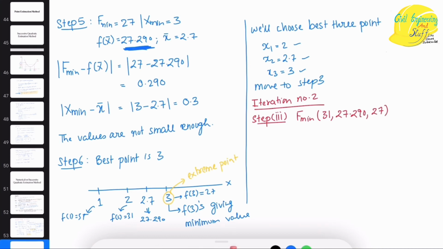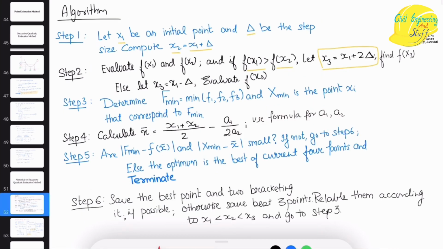So our f minimum is 27.0, or just write 27, right? And the point that is giving it will be x minimum, that is 3. Okay, so this is step number 3.